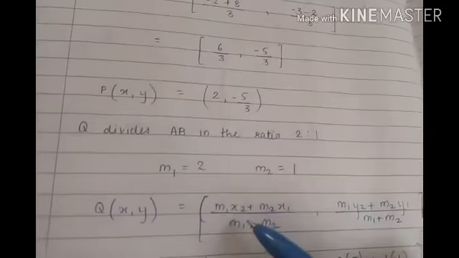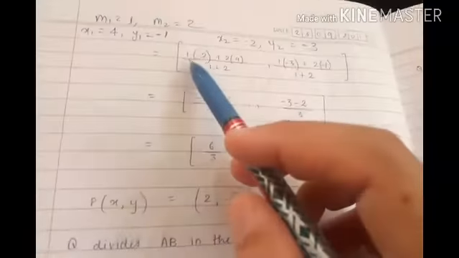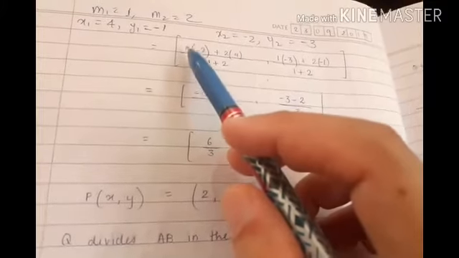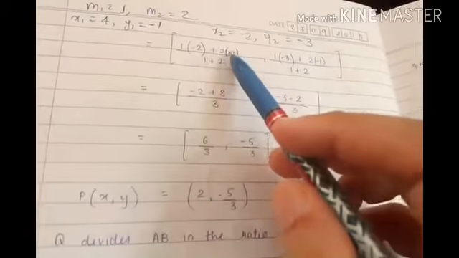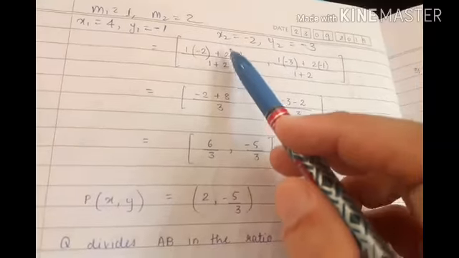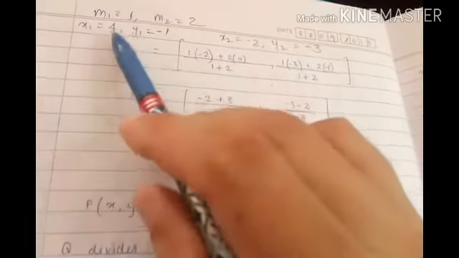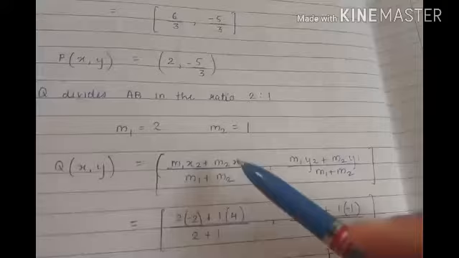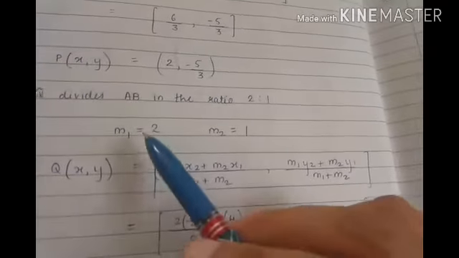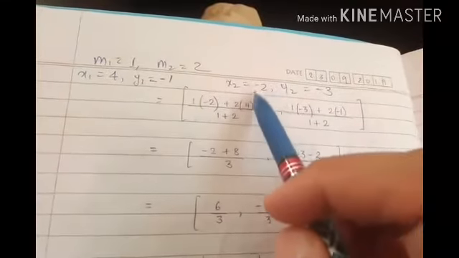The difference between these values and these values is that in place of M1, which was 1, here you will write 2, and in place of M2 you will write 1. Only the values of M1 and M2 will change, the rest all remains the same. So M1 x2: M1 is 2, x2 is -2.